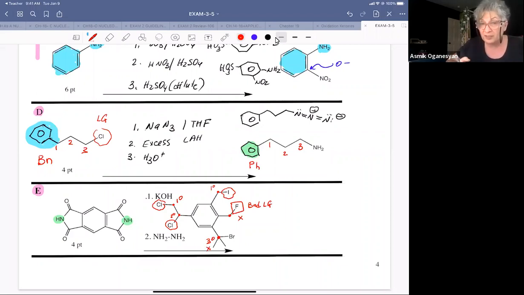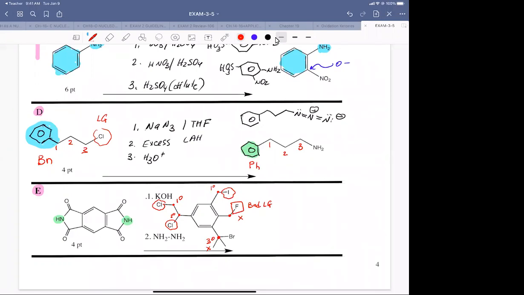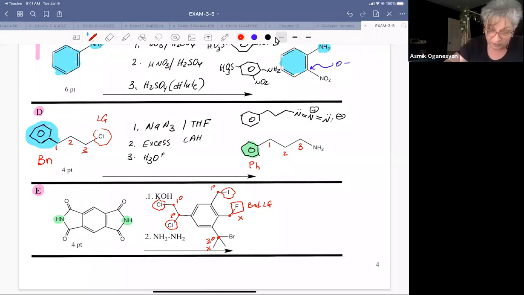So from the available 3 positions and 2 nucleophilic positions there, I'm going to exclude the ones that are not the best. Which one would you guys take away from possible reactivity? The chlorine with the secondary carbon. Chlorine with the secondary carbon.